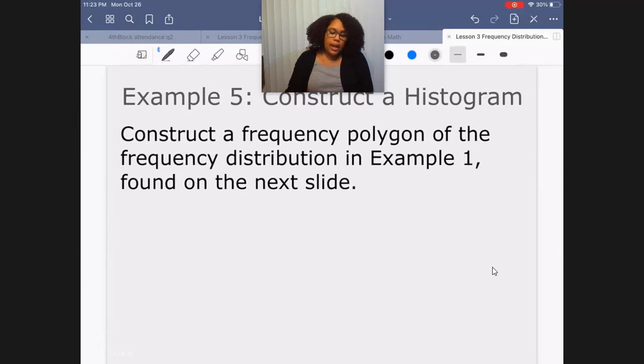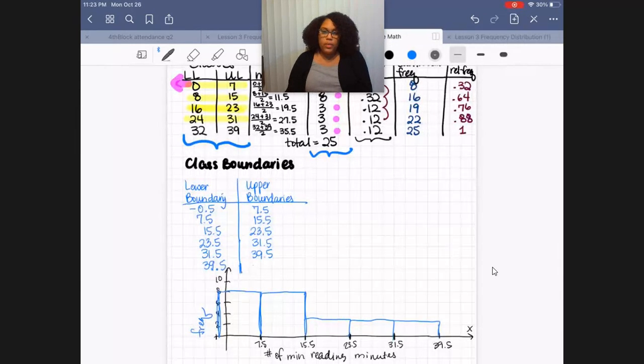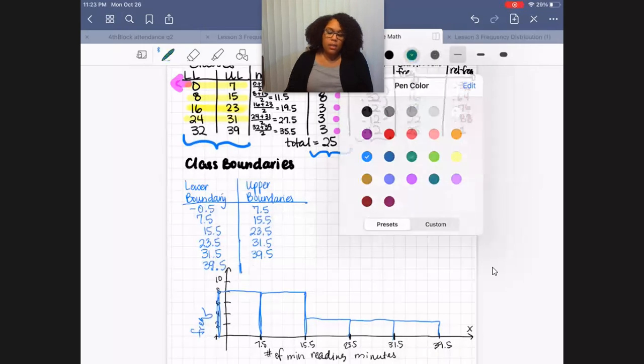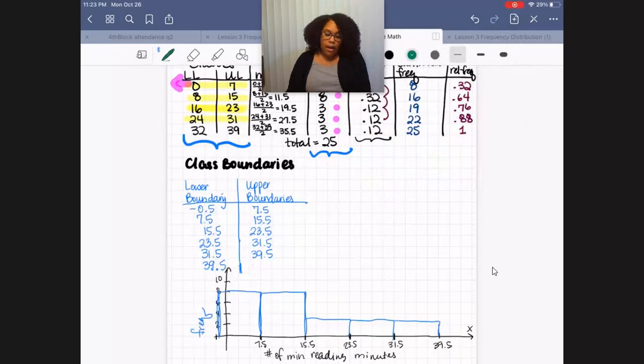So let's look back at this example here. I thought this was a good example to deal with because we've already done the table for it. So what we're going to do is put the midpoint on our graph. Halfway in between our negative 0.5 and our 7.5 would be the 3.5.